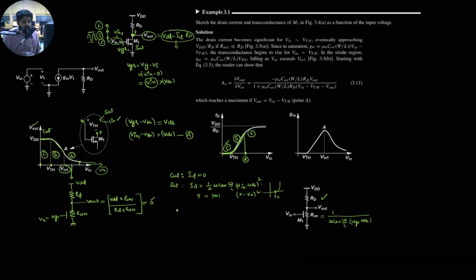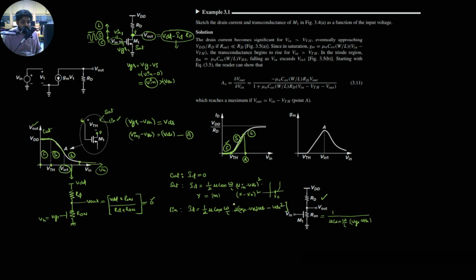Now in the third region, when it is moving linear, the condition for the current is ID equal to mu COX W by L times of VGS minus VTH, 2 times of VGS minus VTH into VDS, minus VDS whole square.